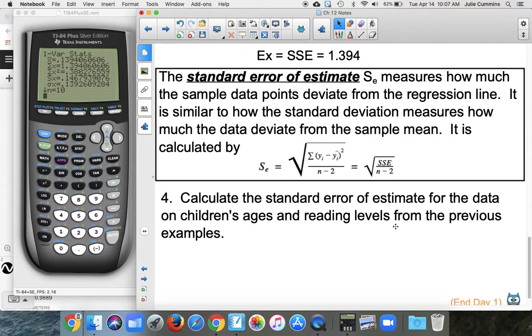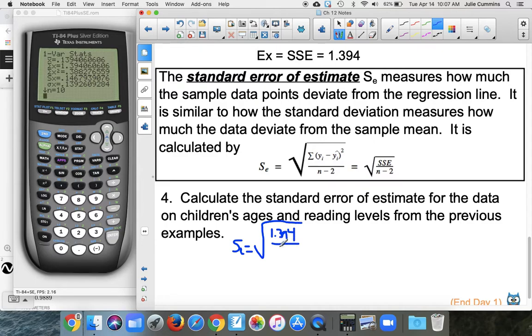Since we just did this, let's see how good I am with the pencil. So that's going to be the square root of our sum of squared errors, which we just said was 1.394. I have to use my mouse for this. It's taking forever.